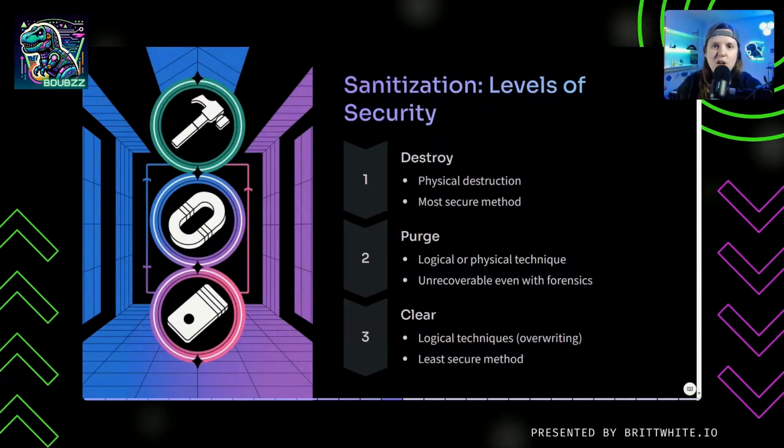This involves using logical or physical techniques to make the data unrecoverable, even with sophisticated forensic lab techniques. A great example is crypto shredding, and we'll talk about that shortly. Clear. This uses logical techniques, like overwriting the data, but there's still a possibility that some of the original data could be recovered with specialized tools. It's the least secure of the 3.